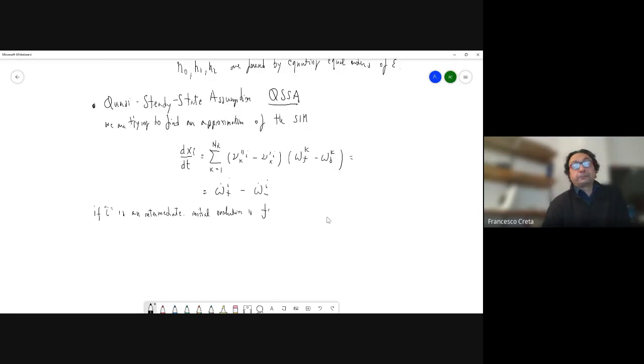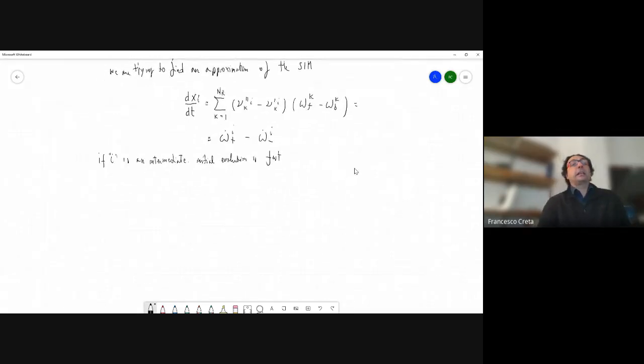Is fast. So we can try to understand this by looking at the evolution ordinary differential equation that sets the evolution of this species, okay? Initially, suppose that time equals 0, because the evolution is very fast.